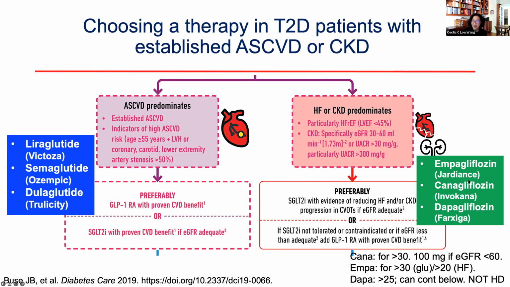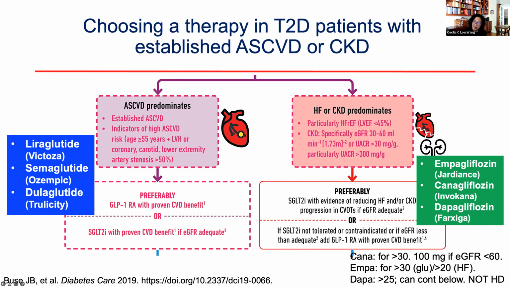And the SGLT2s are between $600 and $800 a month out of pocket. So these are pretty much unaffordable unless they're covered in some way. And so even though they're really great, high value drugs because they reduce the risk of macrovascular complications and all these other things, in some cases, if there's no coverage, people just can't afford them. And so I wanted to bring that out first.